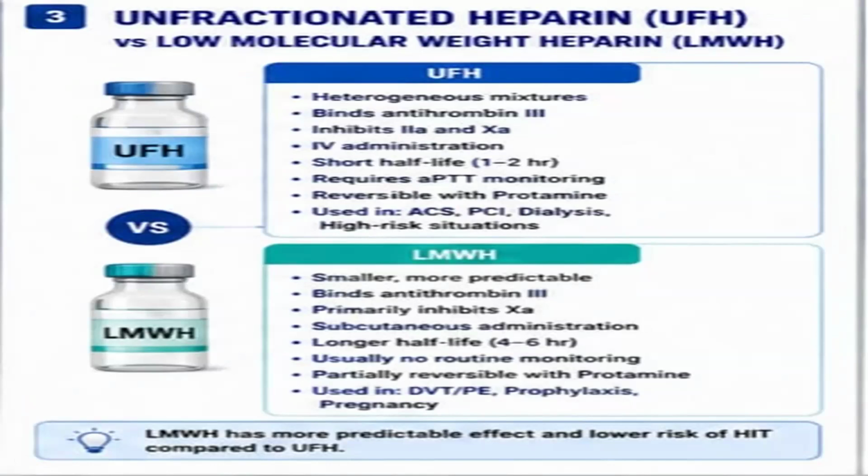Low molecular weight heparin is given subcutaneously, with more predictable effects, usually no routine monitoring, and is preferred for most stable patients with DVT or pulmonary embolism. Example: unfractionated heparin is the anticoagulant of choice in severe kidney disease because it is not primarily cleared by the kidneys.